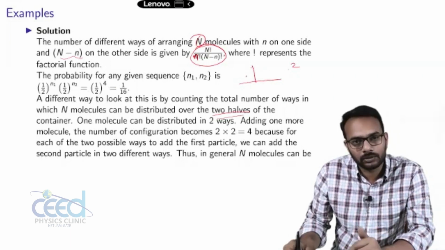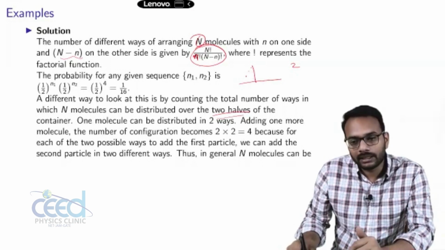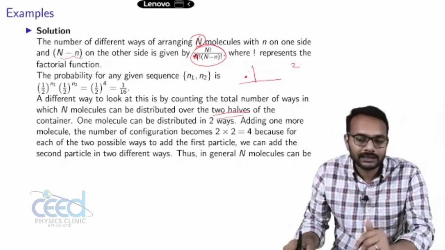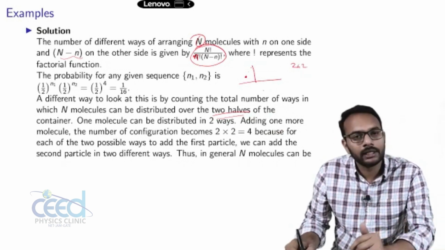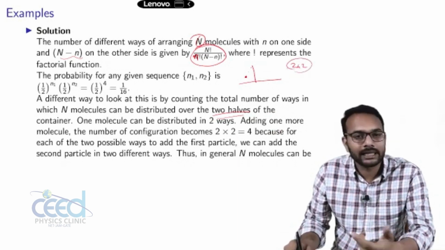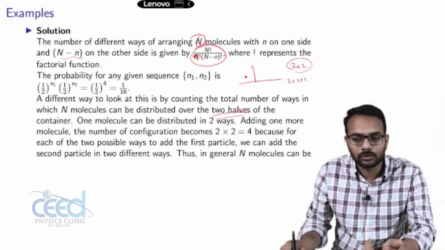Introduce the second molecule, we can again put it here or here. Two possibilities for each position of the first molecule. So the total goes up by 2 into 2. Now for each of these, we can put the third molecule in two ways. So it's 2 into 2 into 2, etc.